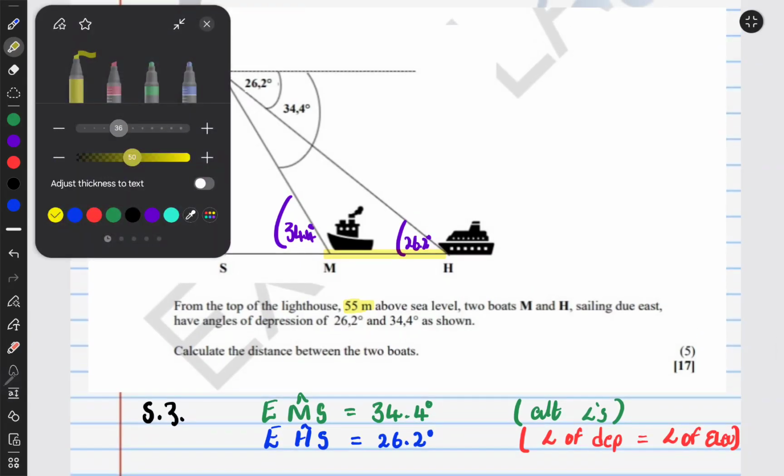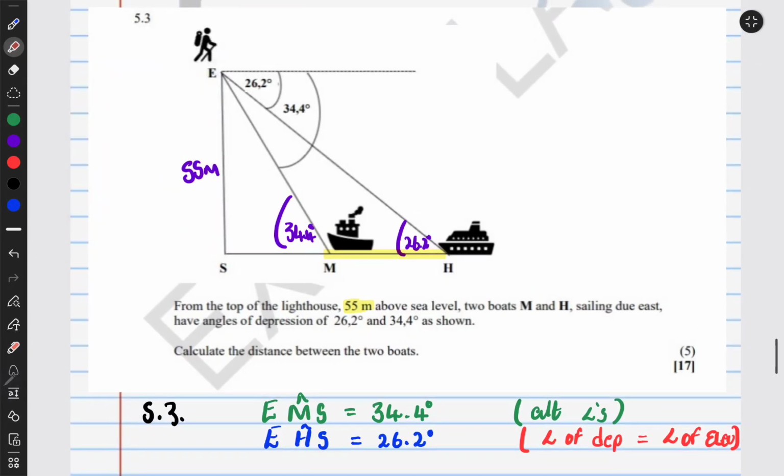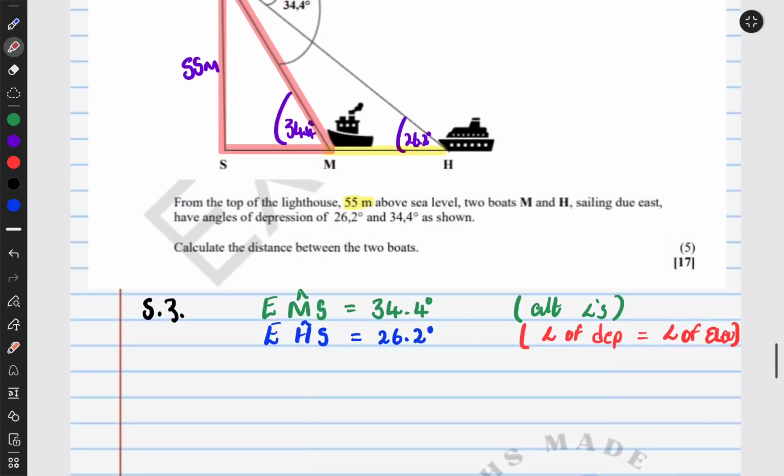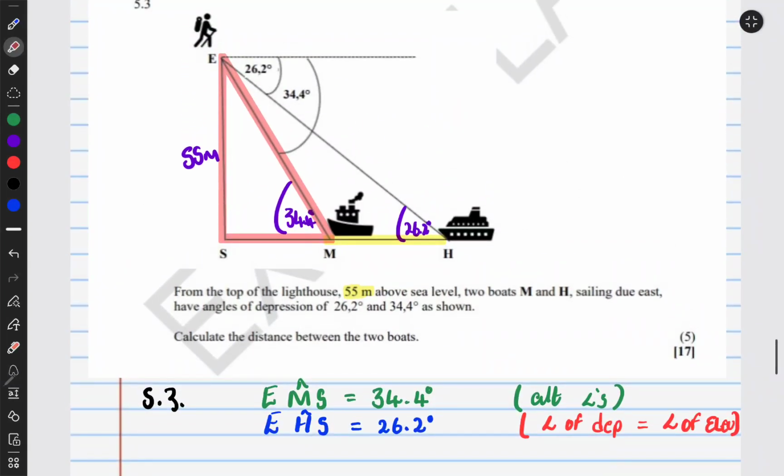First things first, we have this smaller triangle here, with the angle 34.4 degrees, and then we have the larger triangle. But first, let's calculate SM, because we have a side and the angle, and these are both right-angled triangles.